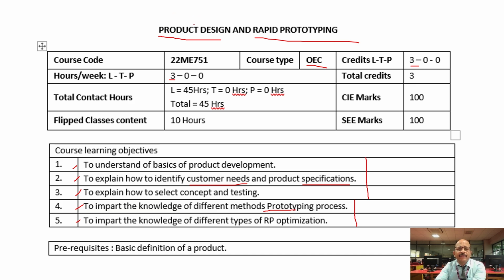How do you arrive from the customer needs to the final product? How do you arrive at that? Then in the last 2 units, rapid prototyping, to make a prototype, what are the various methods that we are going to study? Once the product is tested using the prototype that is made, we can manufacture a number of units in huge volume.